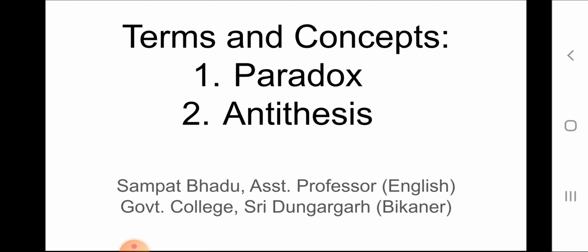Love is an ideal thing, marriage is a real thing. There are two contrasting structures. But in paradox, we have a single sentence, a single group of words: be cruel to be kind, less is more. These are the basic differences between a paradox and an antithesis.